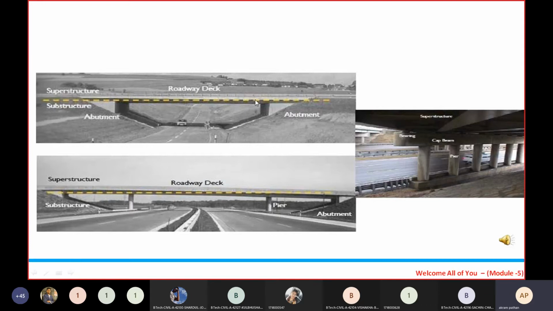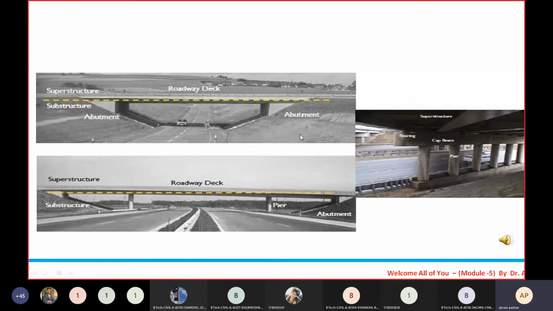Then we have the roadway deck. So this is the roadway deck, and this is the passage for the water.